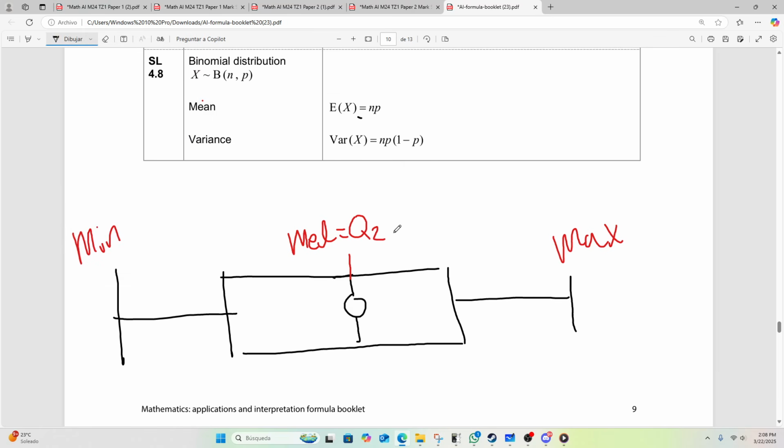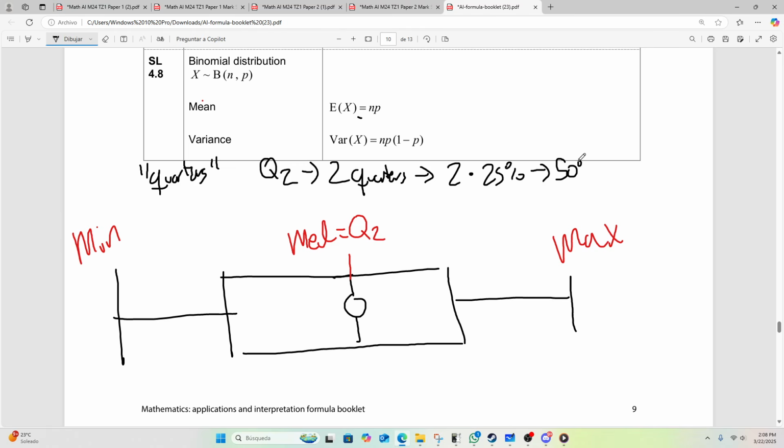Now, why would it equal Q2? Well, the Q's are in quarters. So think about it this way. Q2 means 2 quarters. So it's 2 times 25%, which is 50%. So the median Q2 is exactly at 50%. That's why this Q1 right here is 25%, and this Q3 over here in total is 75%.